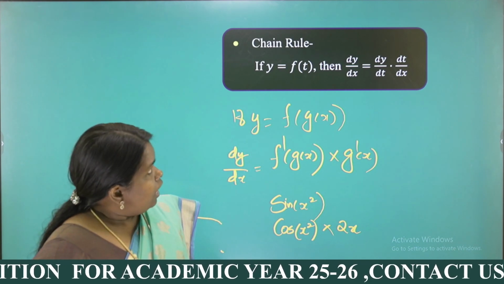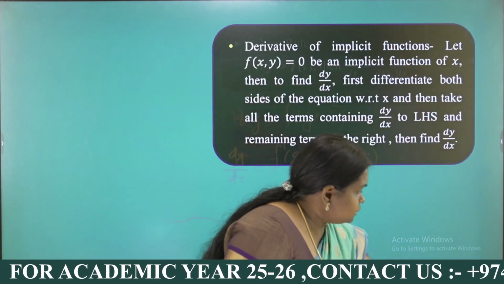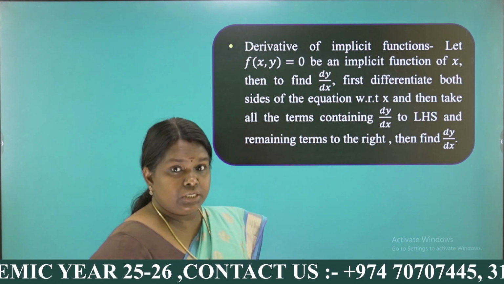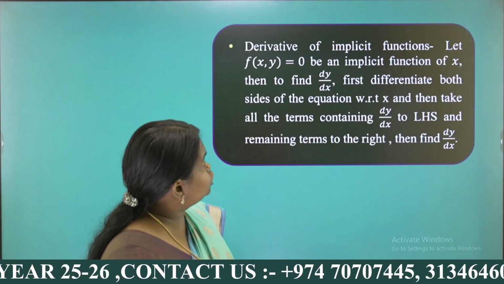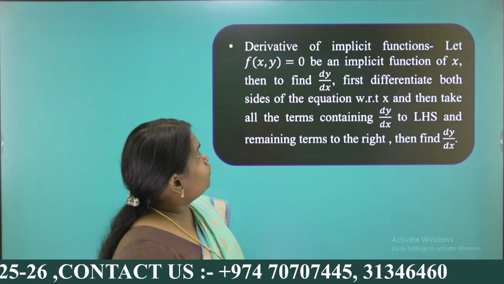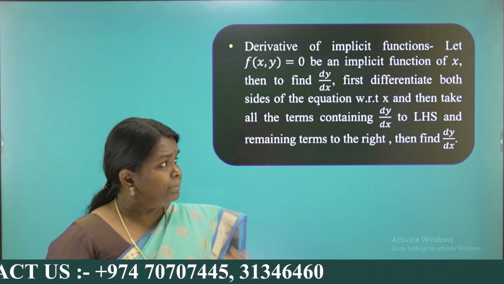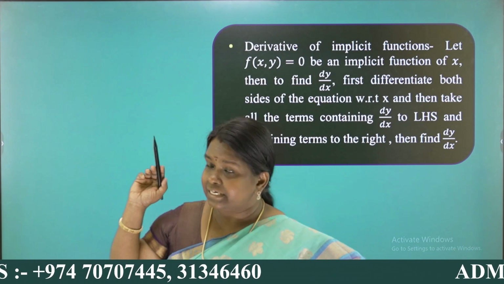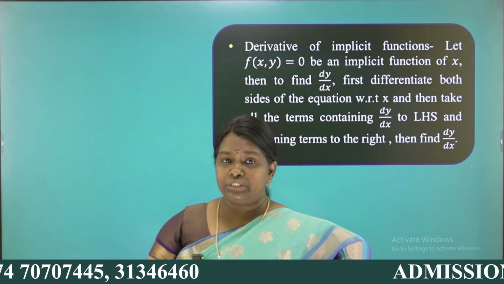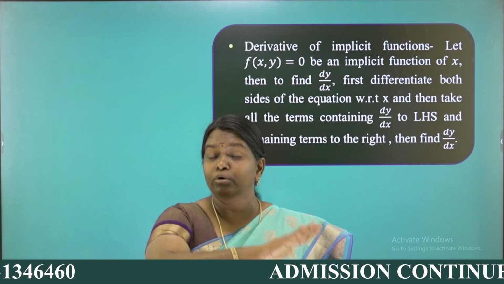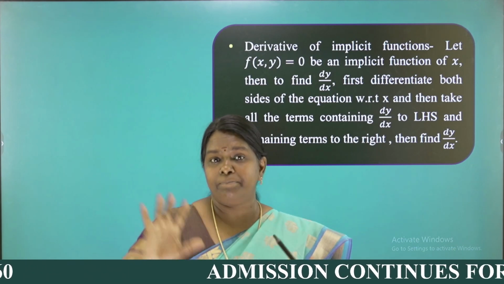And next is the derivative of implicit functions. What is an implicit function and what is an explicit function? Implicit function means, see here it is written, f of x y equal to 0. That means the LHS itself will have both x and y together, which cannot be separated.